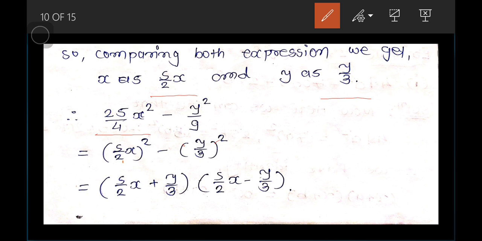We can write 5 by 2x all square minus y by 3 all square, and now we put these values in expanded form, that is 5 by 2x plus y by 3 in brackets into 5 by 2x minus y by 3. So we can use these identities.